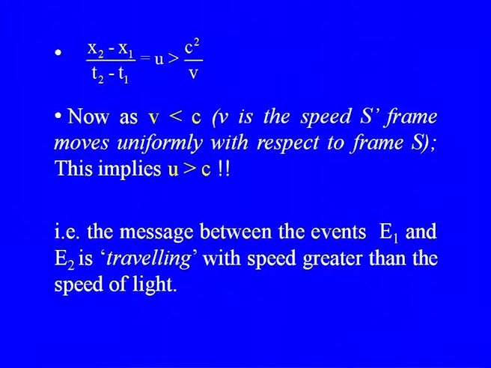Because, as I said again, v is the speed with which the S prime frame is moving uniformly with respect to the frame S. So, in a sense it would mean that the message between the events E1 and E2 is traveling with a speed greater than the speed of light. So, this is not allowed. So, this condition is not fulfilled, this condition is the wrong condition.